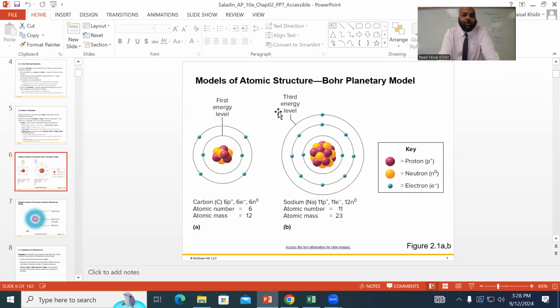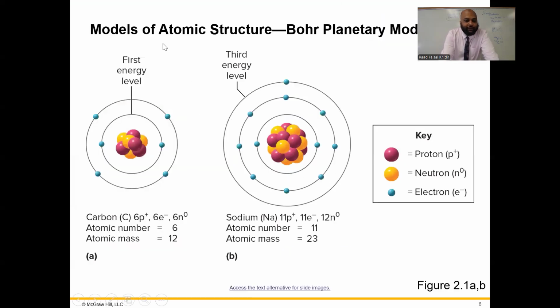That's what we've been talking about. If we look here, for example, we have our carbon atom. This carbon atom has these electrons spinning around it. Do you see the electrons around the atom? It tells you that red is a proton. Proton is positively charged, P plus.